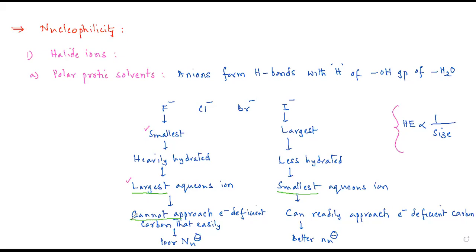You have to check the approachability. Because the one that actually donates a pair of electrons to an electron deficient carbon is called nucleophile. Now, if that is big size wise, it cannot approach the carbon that easily. If it is smallest, it can easily approach. Okay.